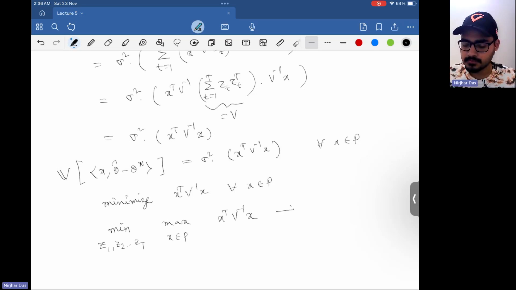So this problem is actually the optimal design, in the sense that it's saying: find me a collection of query points such that when I estimate theta from these query points, the estimate that I get has nice properties in terms of variance of the estimates for the point set.